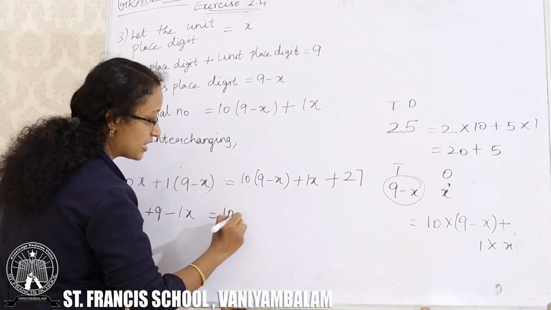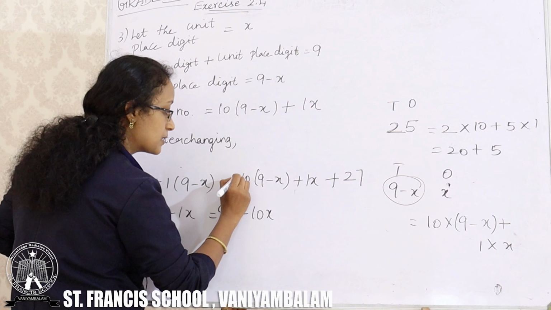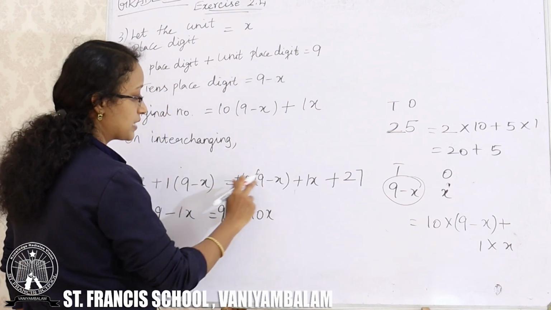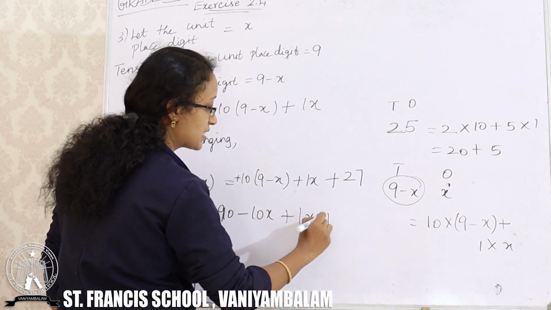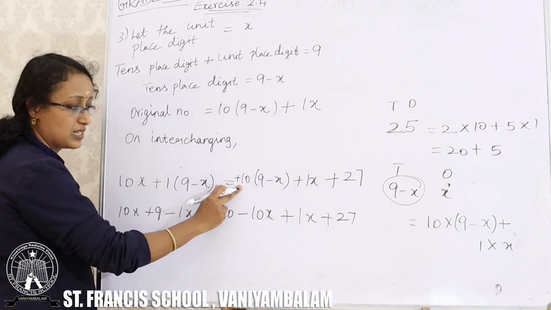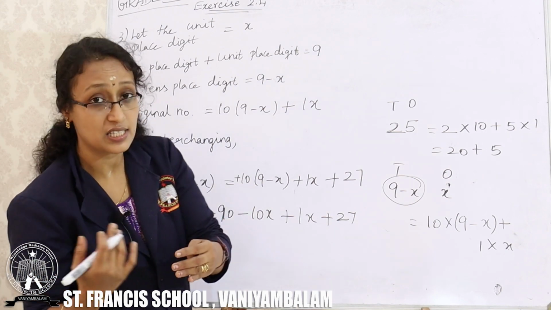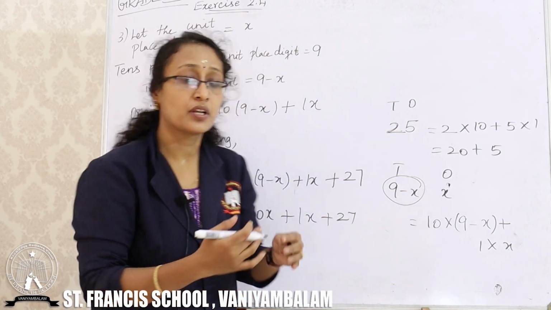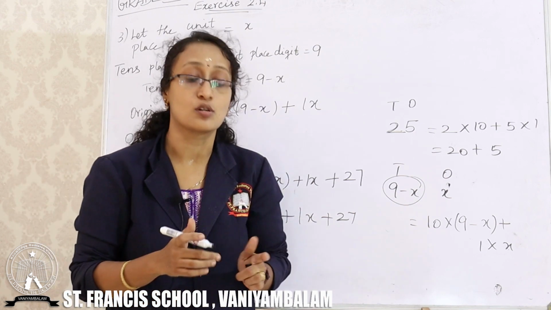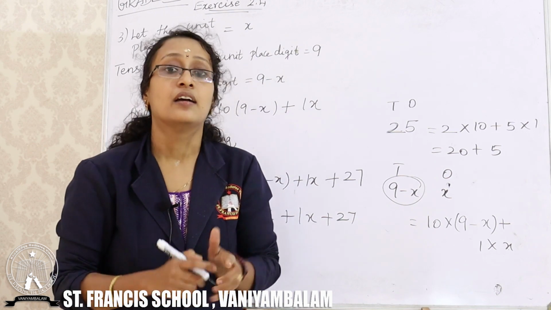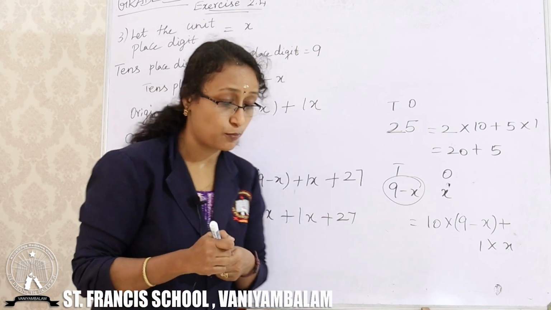Now multiply this 10 inside. 10 into 9 is 90, minus 10x, plus 1x plus 27, because this 10 is common for both 9 and x. First, our aim is to remove the brackets. When you remove the brackets, multiply the 10 inside and multiply the symbols also. We know the symbol multiplication, right? Different symbols give a negative sign, same symbols give a positive sign.